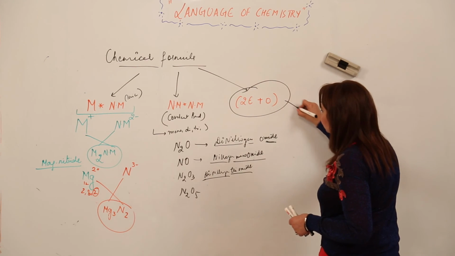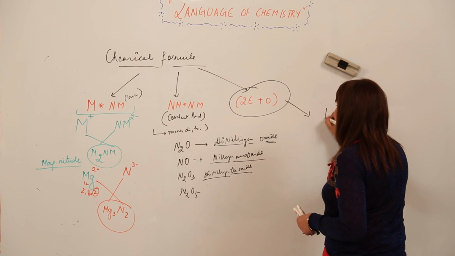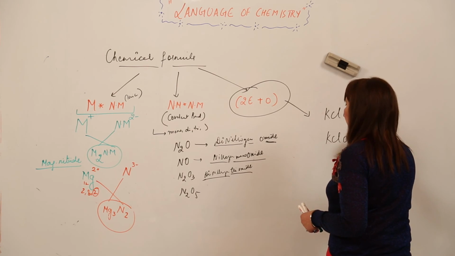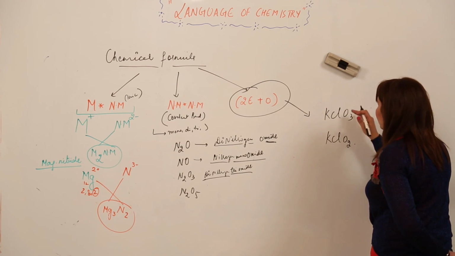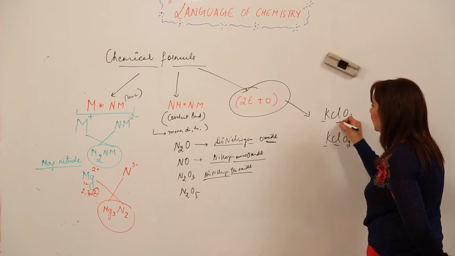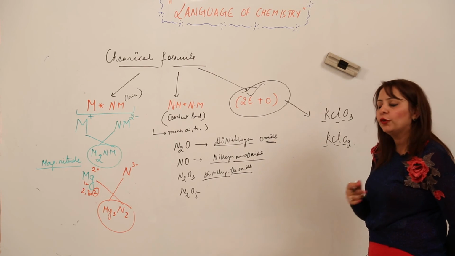For example, the example coming to my mind is KClO3 and KClO2, right. What do you call them? See, how will you write this? They both appear to be the same. They consist of 2 elements, as I told you, 2 elements and oxygen. Oxygen can be 1, 2, 3, 4, any, right.